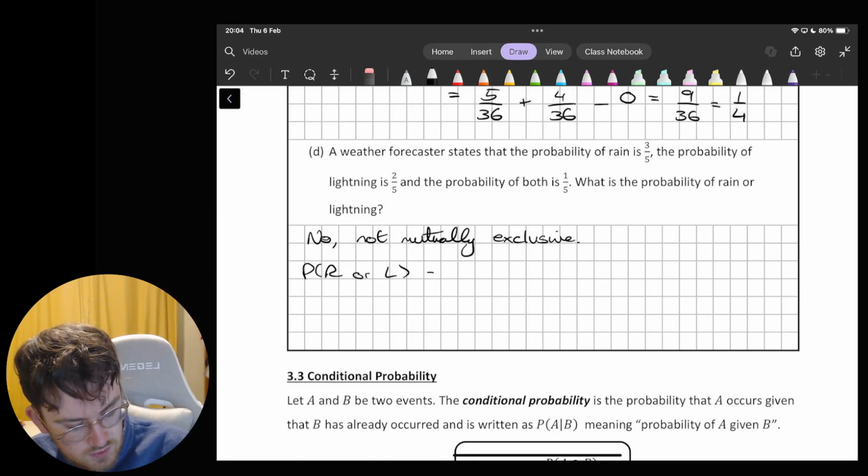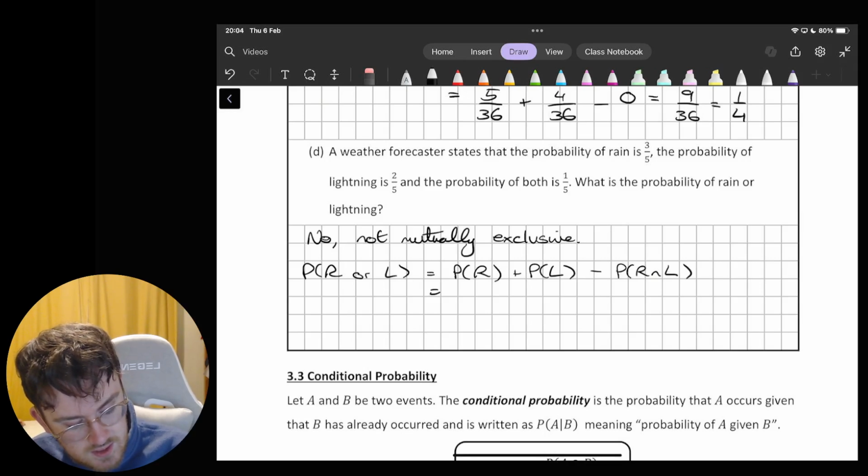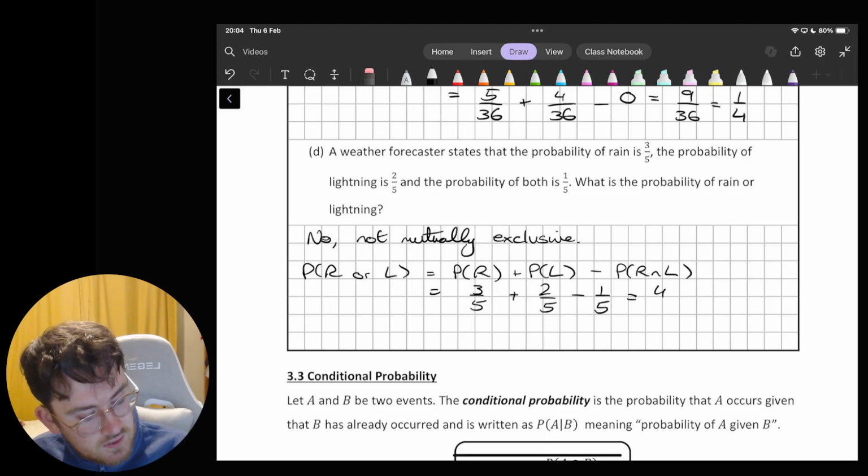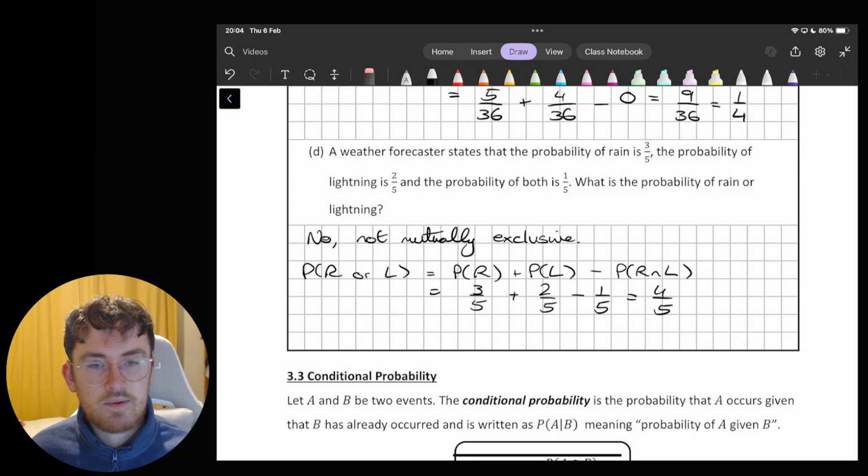And from our addition rule here, that's the probability of rain plus lightning minus both. Okay, with that understanding that both is included in both of the probabilities, which is why we need to subtract it here. So that's going to give me 4/5 there as my probability of getting rain or lightning.